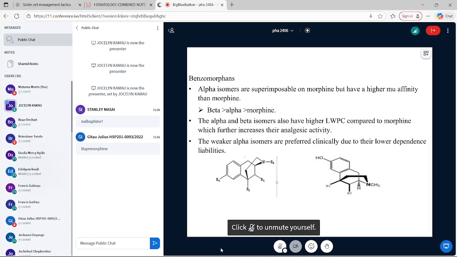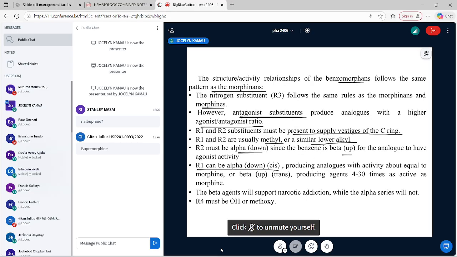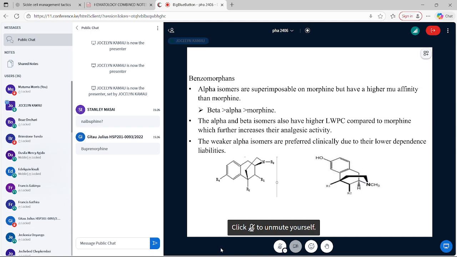Now here we need to get which is R1. So here, this is R1 and this is R2. So we are therefore saying R2 must be alpha. Yes, just as I told you before, it's good for us to make sure. I'm sorry that I changed the naming.